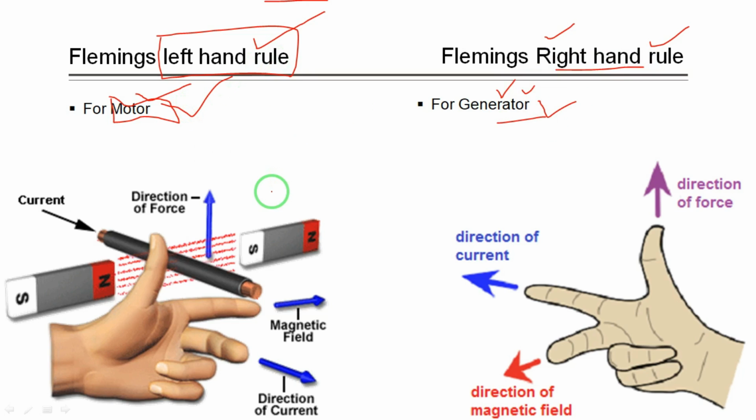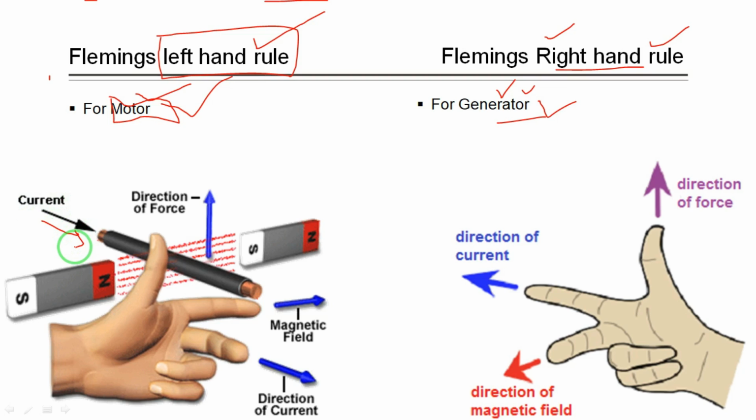Now I will explain the directions in the left hand rule and right hand rule. Fleming's left hand rule is applicable to the motor. Motor input is electrical energy, that means current. First of all, take your left hand.